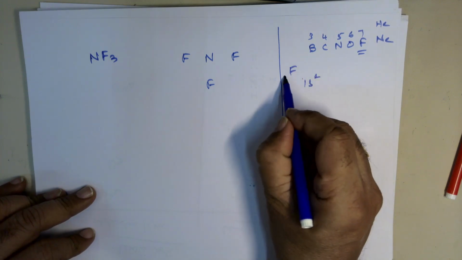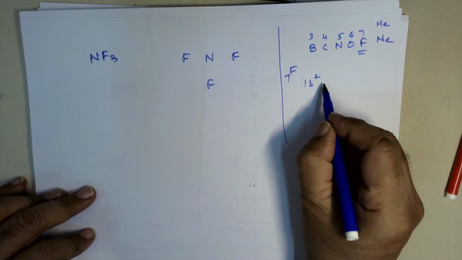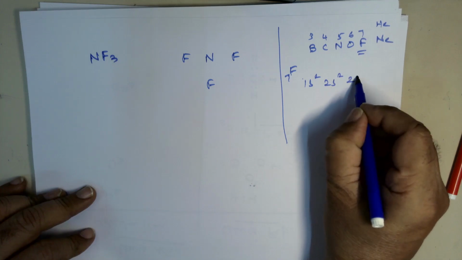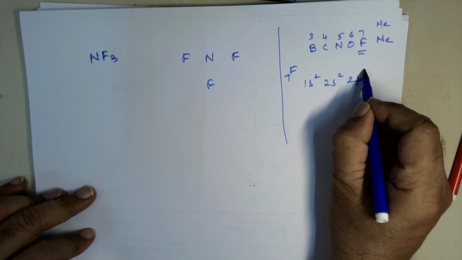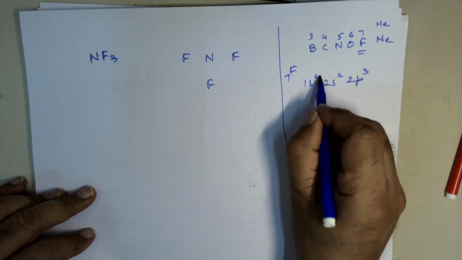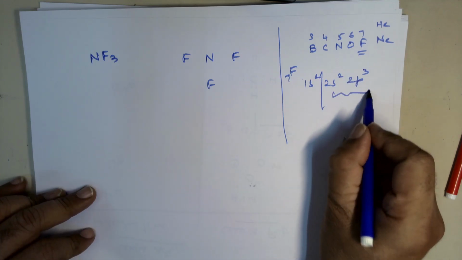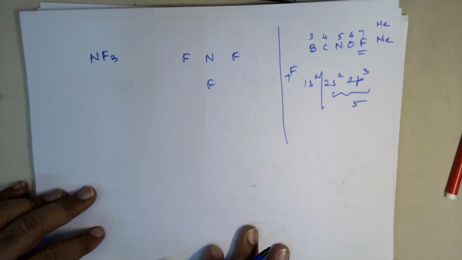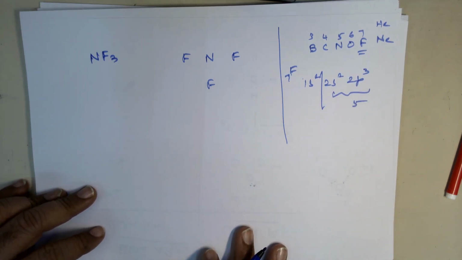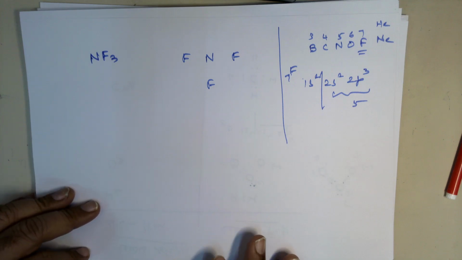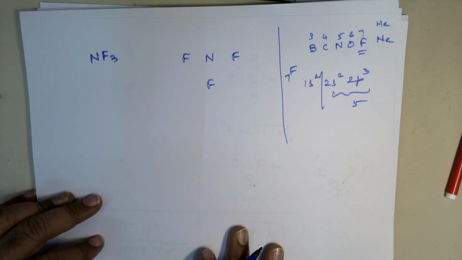1s2. Tell me, 2s2, 2p3. So it means you've got 5 electrons. Right? So everywhere we have to account for 5 electrons.